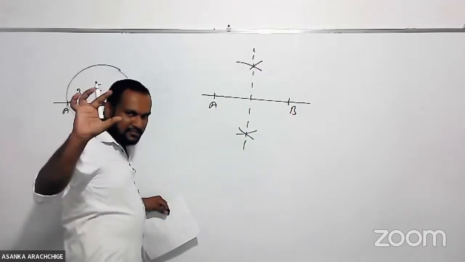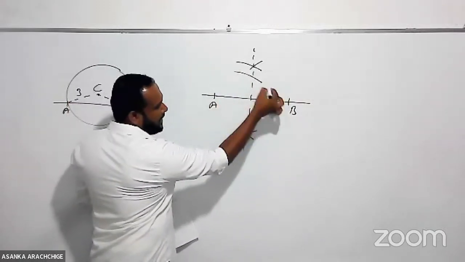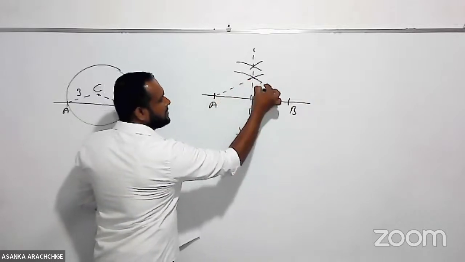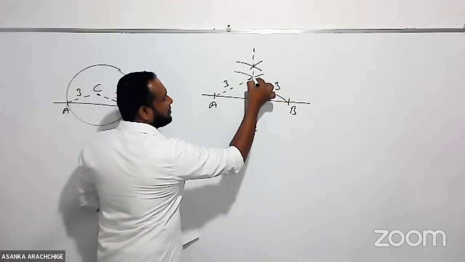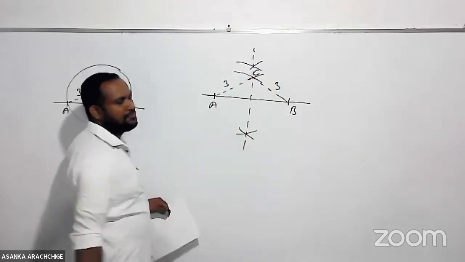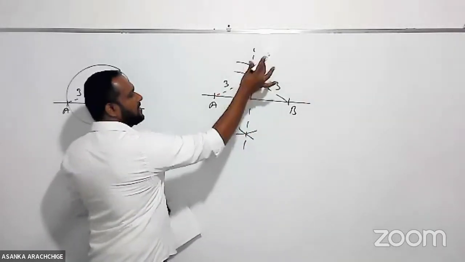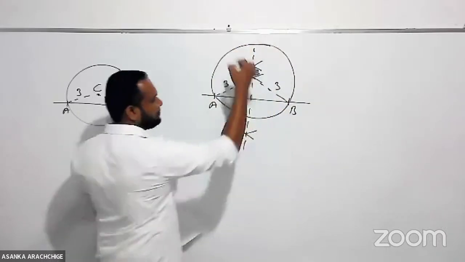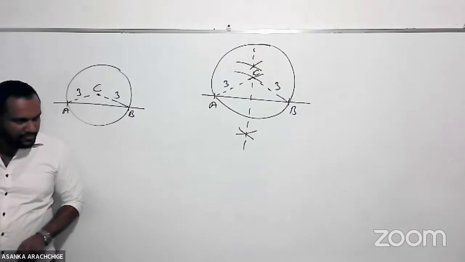Take 3 centimeters, put the compass point at the middle here, draw an arc and cut this. Now you know this is 3, this is also 3. Now this must be the center of the circle. Then taking this as the radius, you can draw a circle. Clear or not?